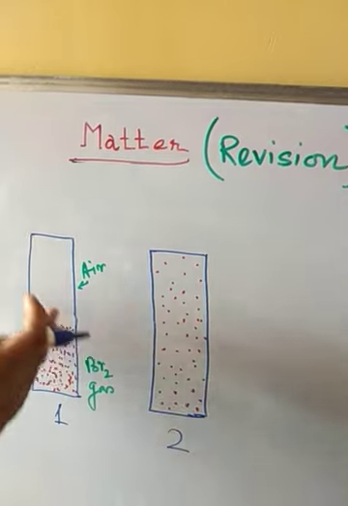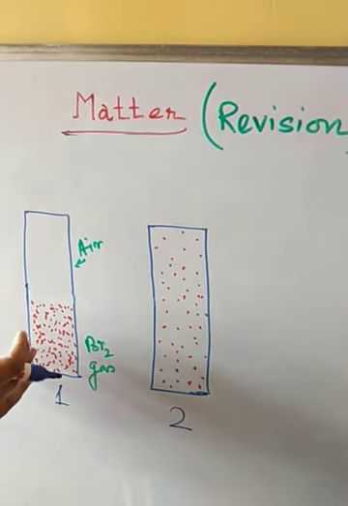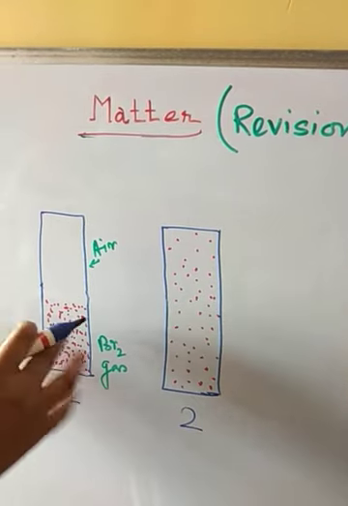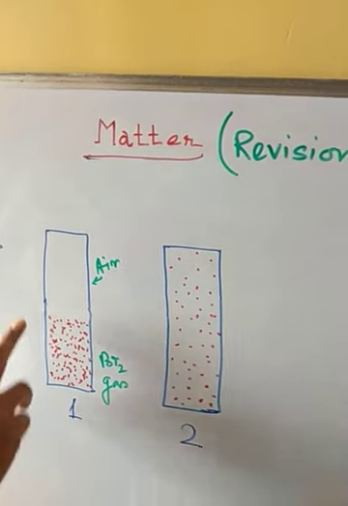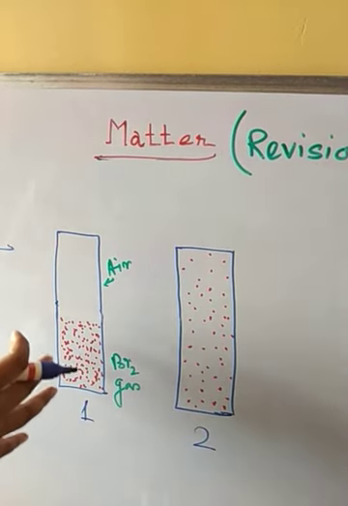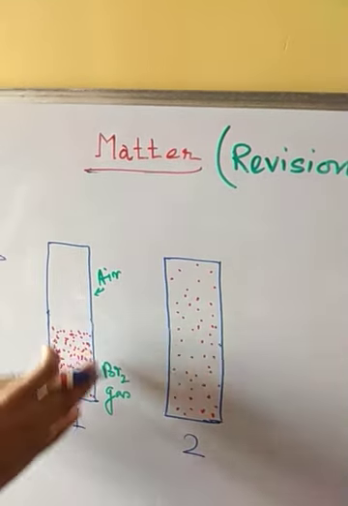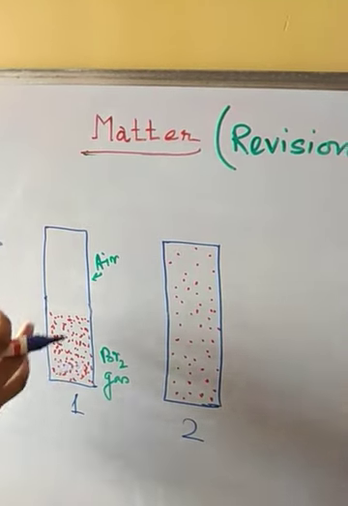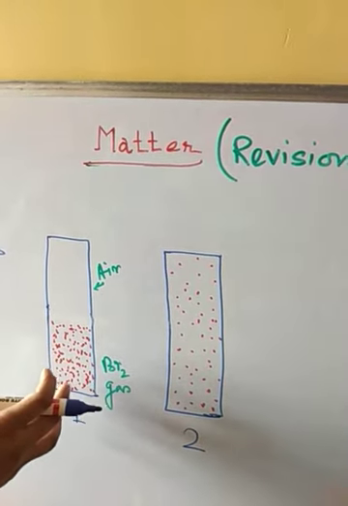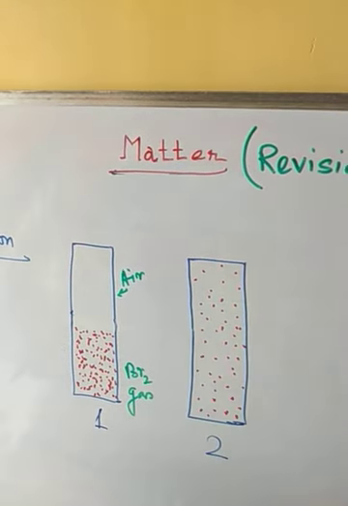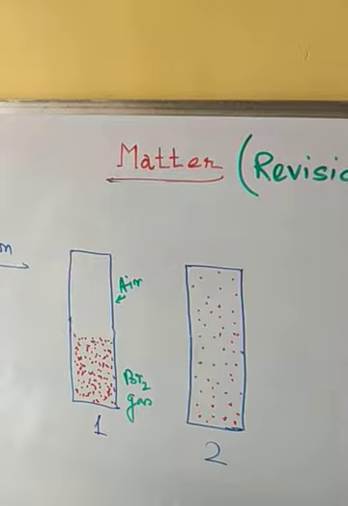As here the bromine gas was in concentrated form, kept in a single small gas jar, its concentration is more. You can see here the particles of the bromine gas are in a congested, concentrated manner, so the color of the bromine gas is more in this first figure.